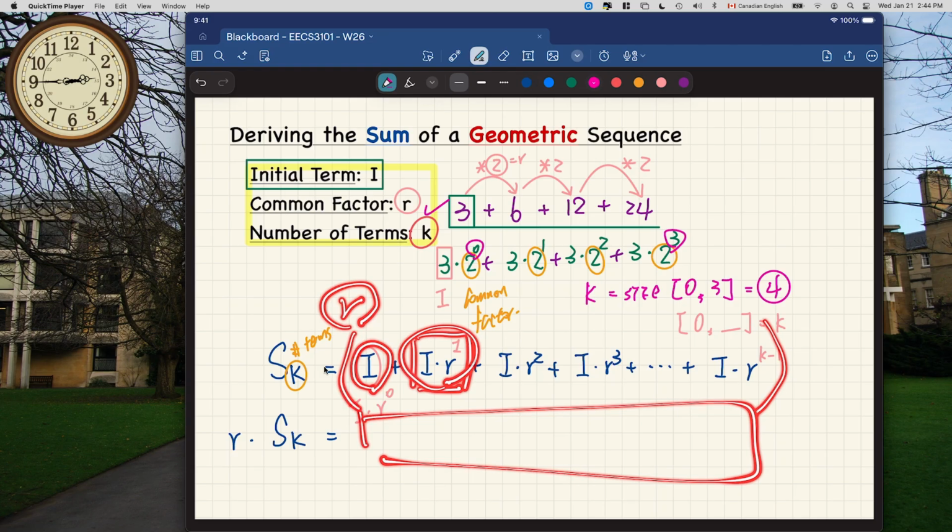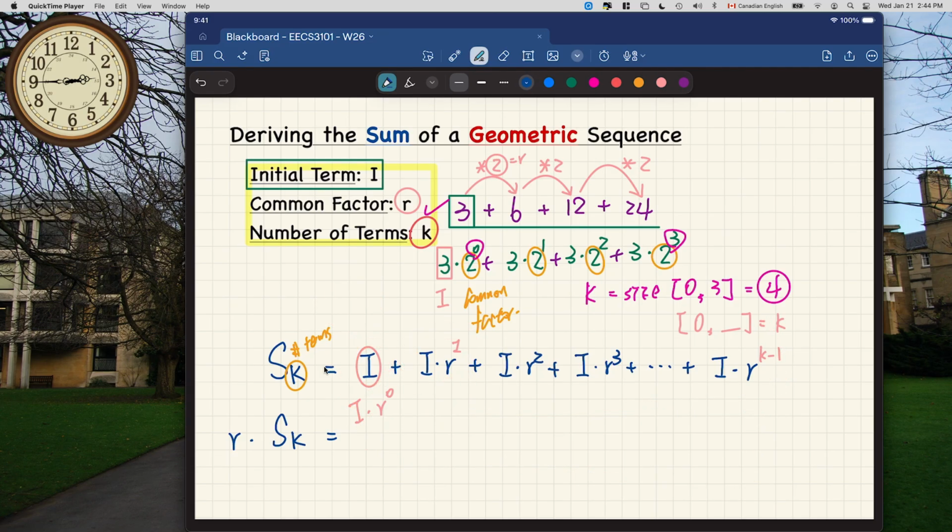So what we have is, okay, I'm going to write down. The first term will be I times r, okay? So you can think about, let me do a little bit right here. When I go from here to here, I really just multiply by r, right?